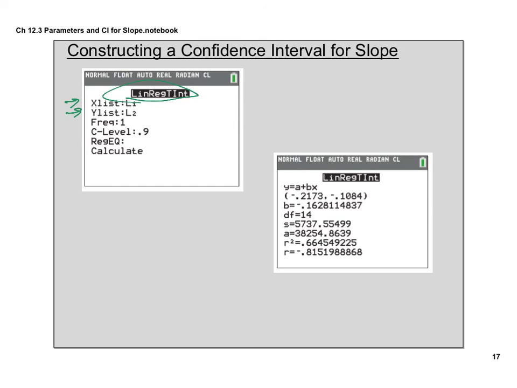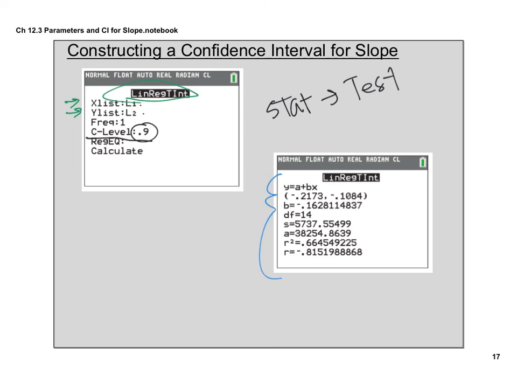If you go to stat and over to test, the linear regression t interval is one of your test options. For me, it's way down at the bottom, option G. Then you're going to be asked, where's your data for L1? Where's your data for L2? What's your confidence level? You always have to give the confidence level. And then this is the computer output you get.